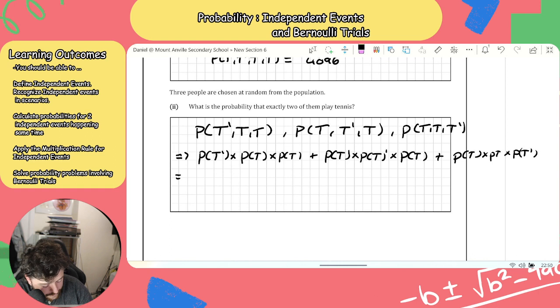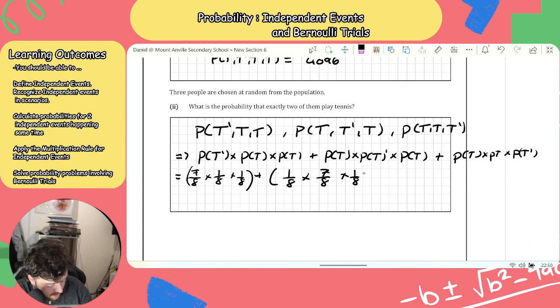So the probability of not playing tennis is 7 over 8 times 1 over 8 times 1 over 8, plus 1 over 8 times 7 over 8 times 1 over 8, plus 1 over 8 times 1 over 8 times 7 over 8.